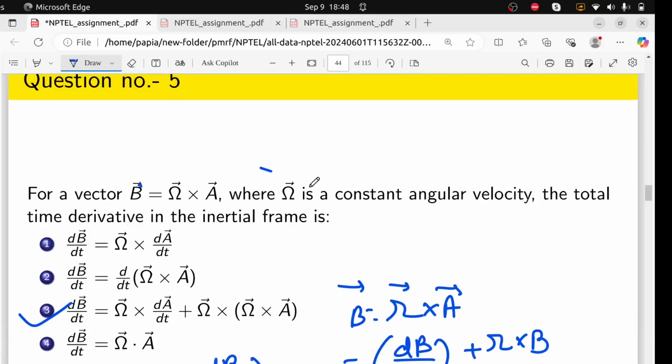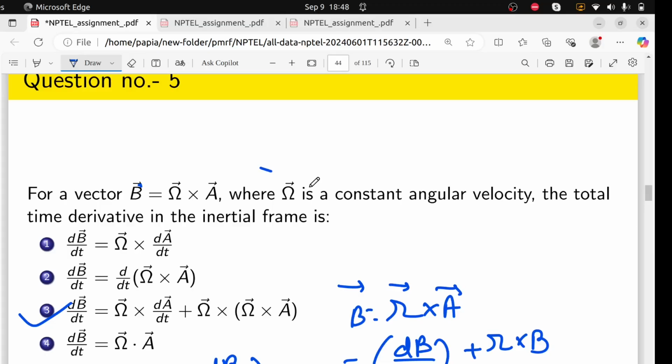It is only saying that b is a vector in the inertial frame. So inertial frame means they are not talking about the rotational frame, how b is going to behave. So it's simply dB/dt inertial equals dB/dt rotational plus omega cross b, I can say from the very safe condition.